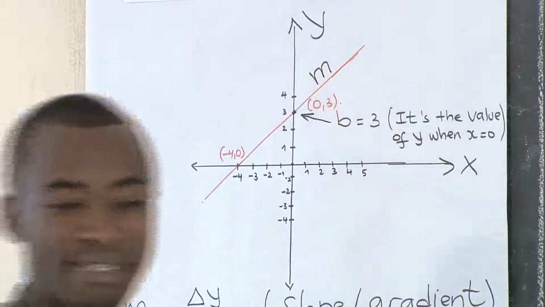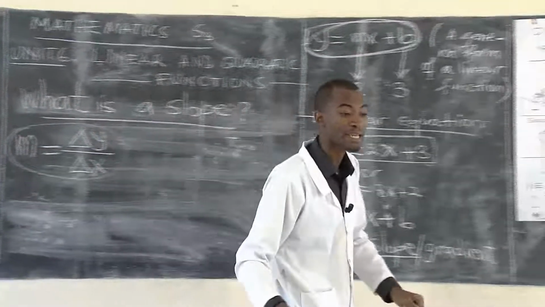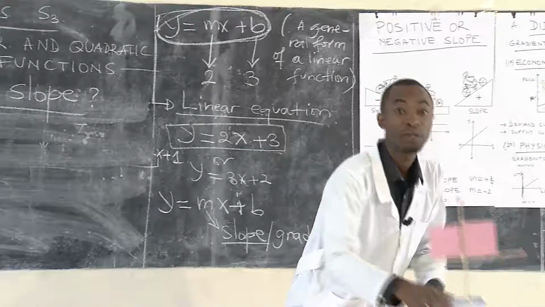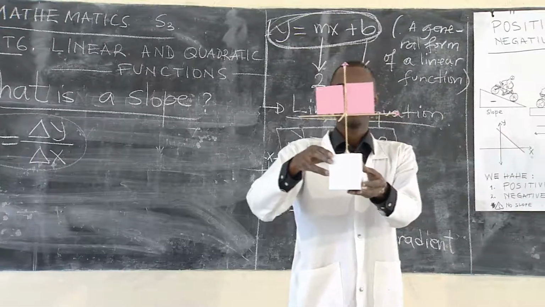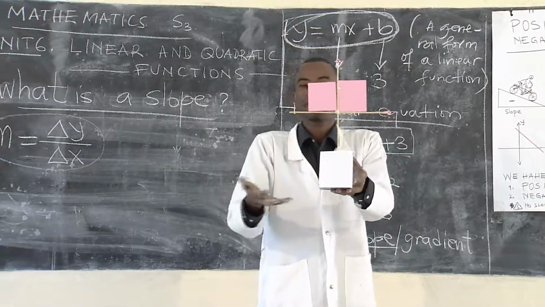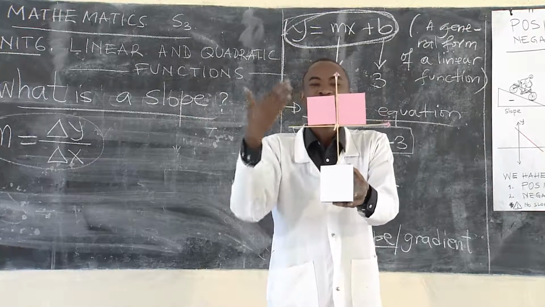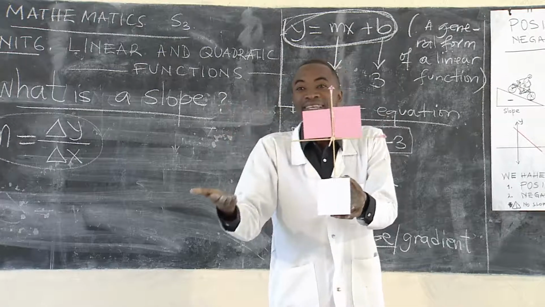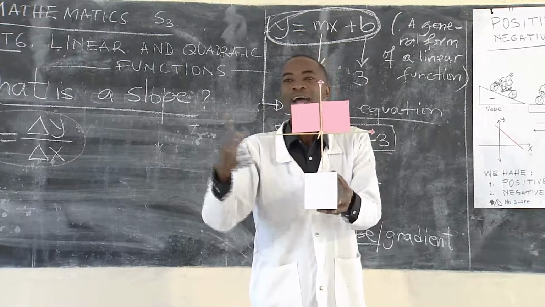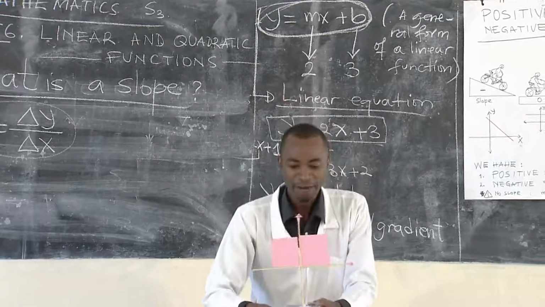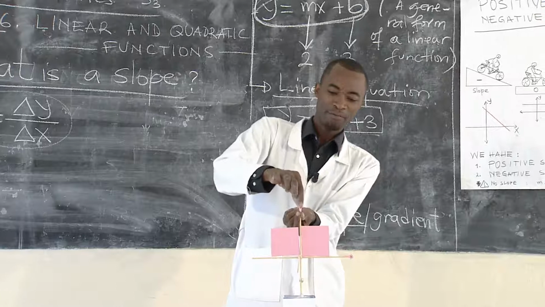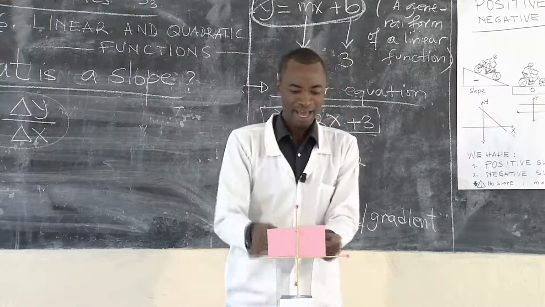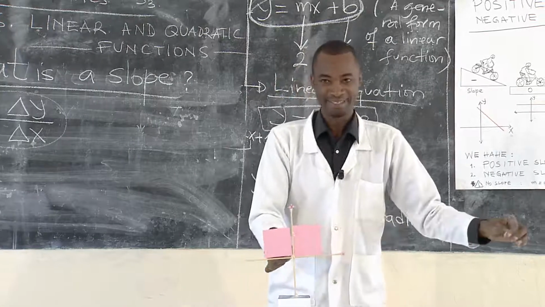I have made something that can help you to understand more. Look at this. It's just an improvisation that I have made to help you understand where is the x-axis and where is the y-axis. If I have this, here we have y-axis, and here we have x-axis.